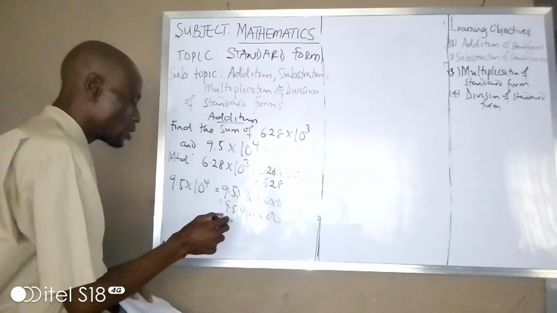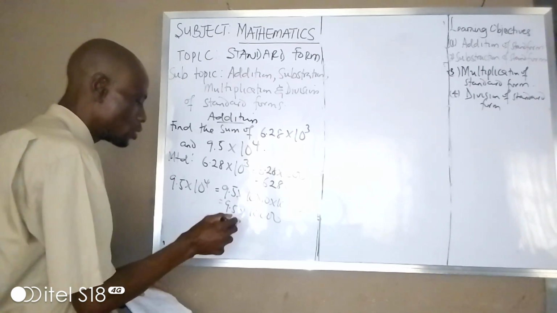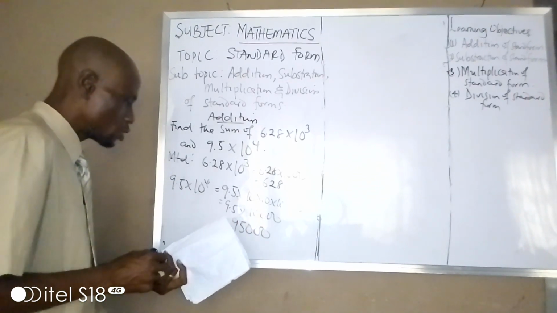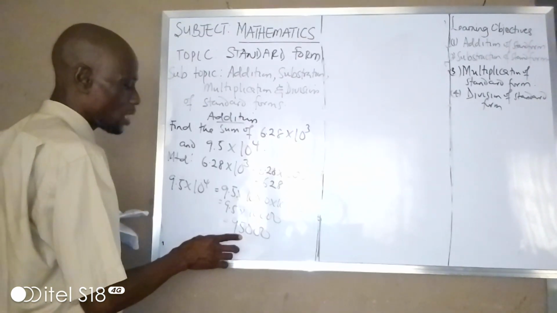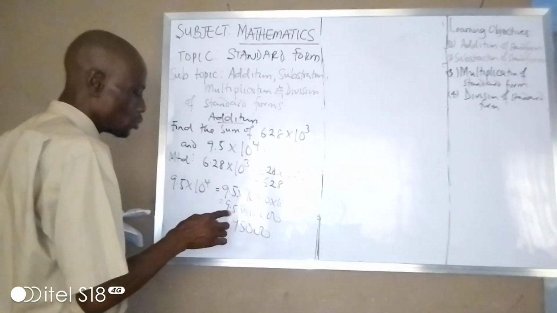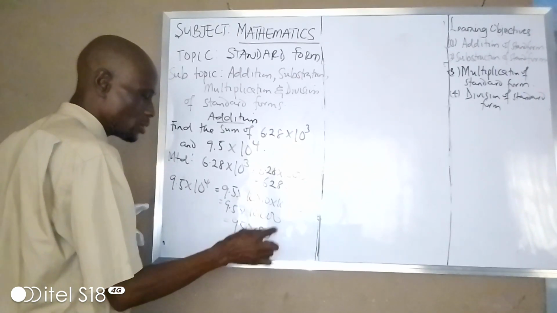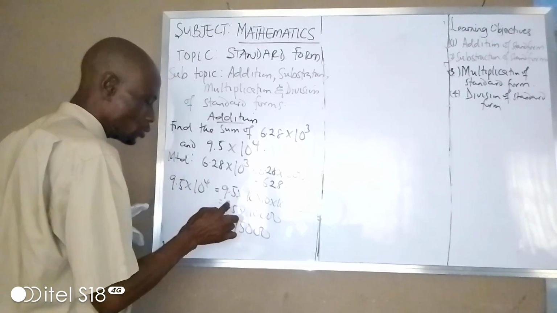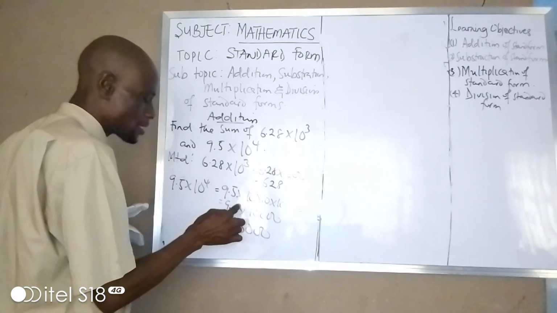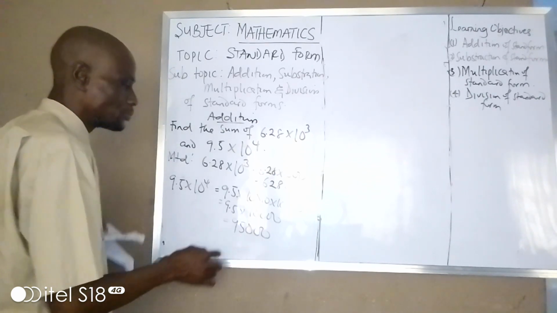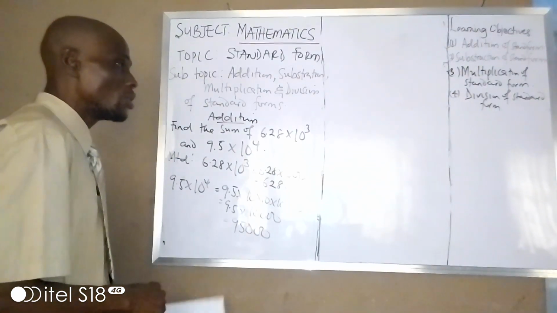If you multiply this one, this will give us 95,000. The 4 zeros will shift your decimal point. This one now becomes 95 times 1000, which gives us 95,000. Now we have succeeded in changing them to ordinary form.